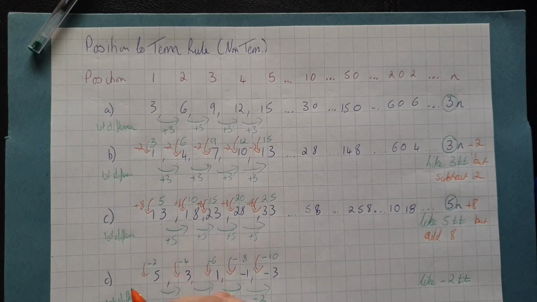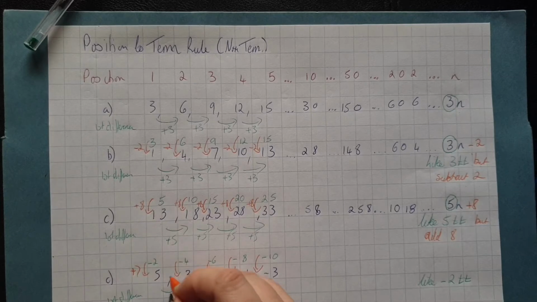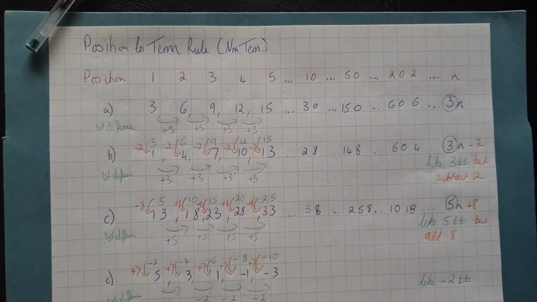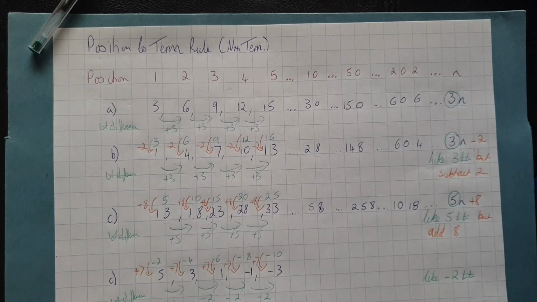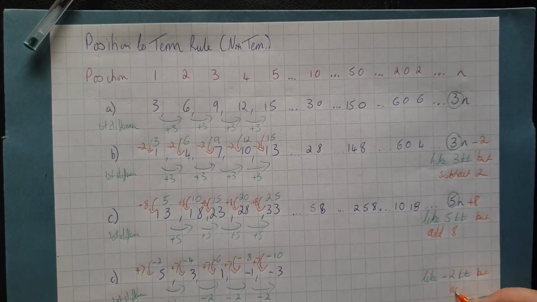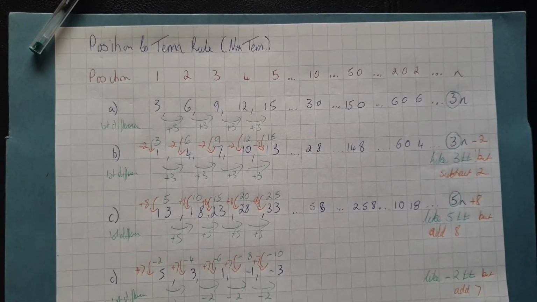How much are we adding? We're adding 7 every time. So this is like the negative 2 times table, but add 7.